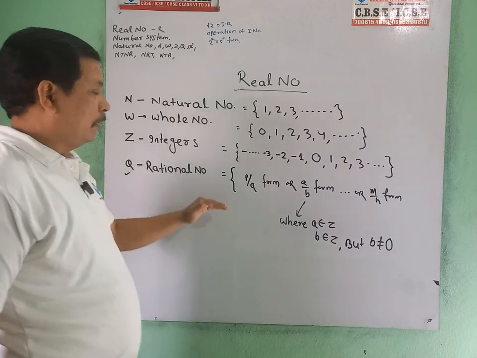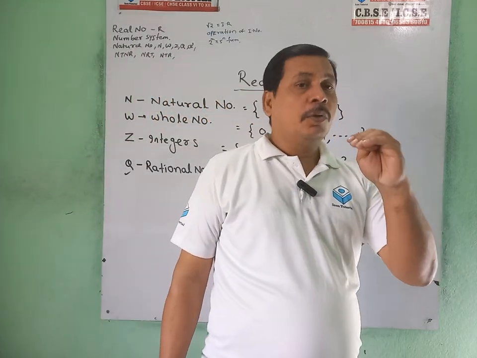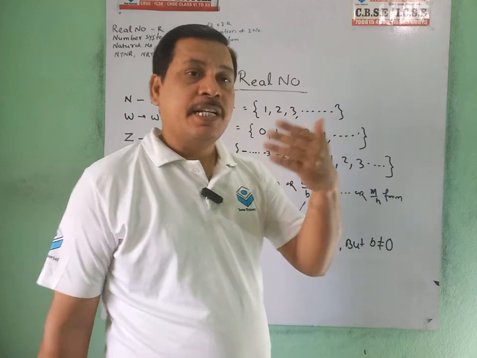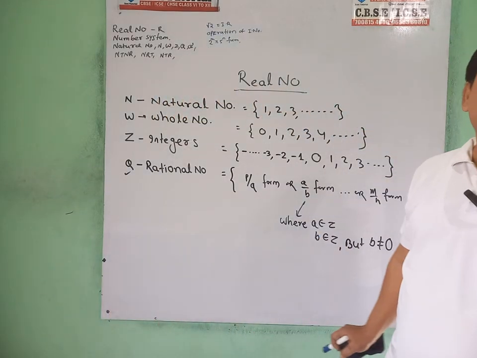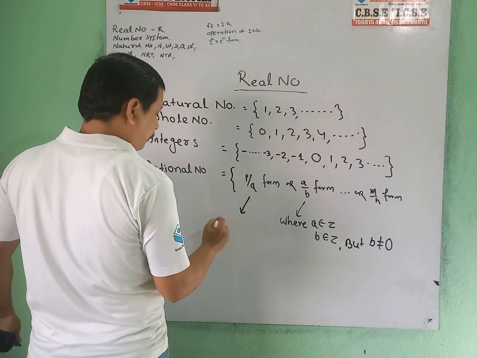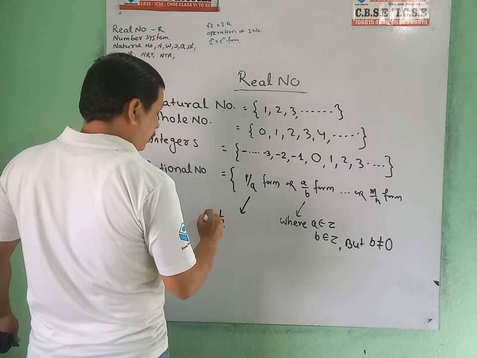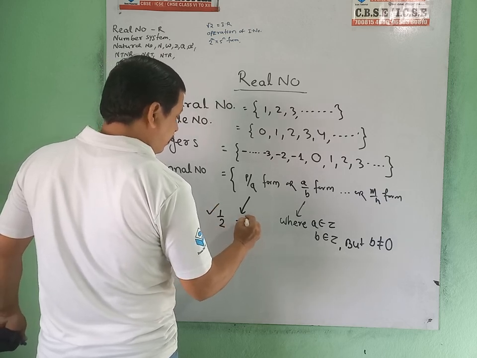Clear? Then rational number. What is a rational number? The number which is of the form p by q, where p is an integer, q is also an integer, but the denominator q is not equal to 0. Example: 1 by 2 is a rational number. 5 by 6 is also a rational number.